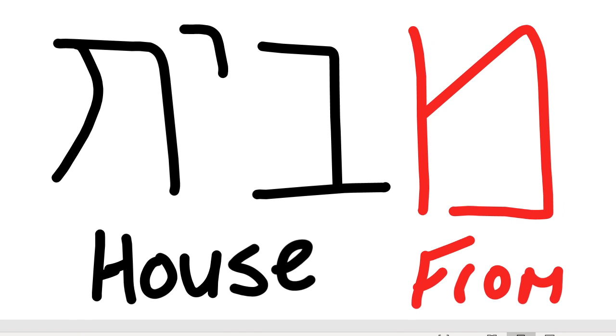Ma means from. I believe this is actually in your document from this past week, week 5. So we have ma, which means from. We have house, which in this case is going to be changed from simply house to the house. So from the house. This should be black. I'll just go over this here because it's part of the root word. So from the house.